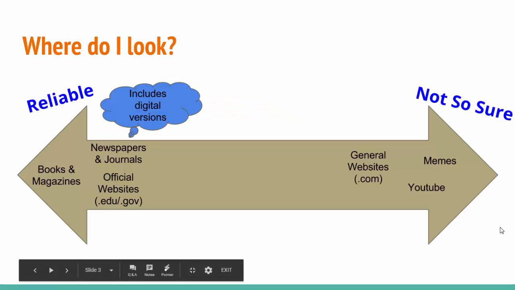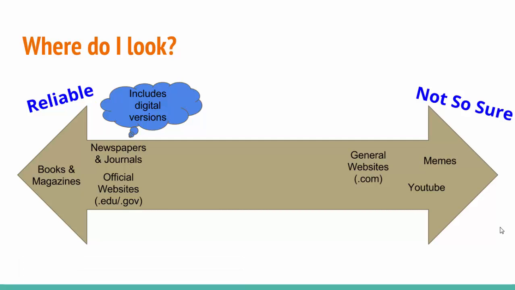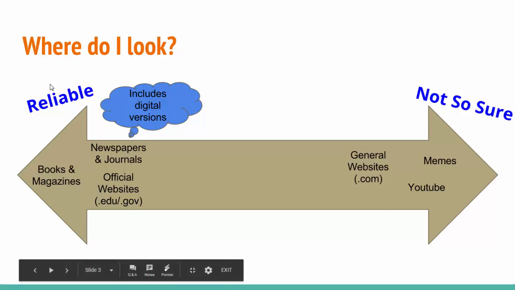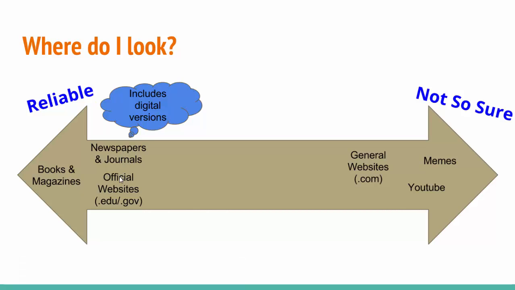Where do I look? Now in some later videos, we're going to look at some specific places to look, but let's talk about reliability. Reliability means trustworthy. Can you count on it? So some of the sources that are more reliable would be on this end of the spectrum: books and magazines, newspapers and journals, official websites marked with .edu or .gov.